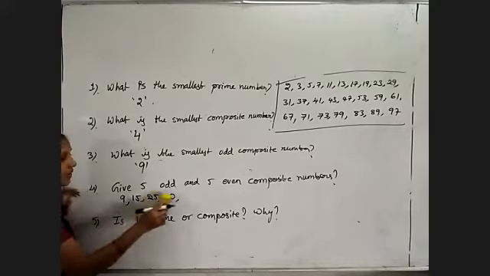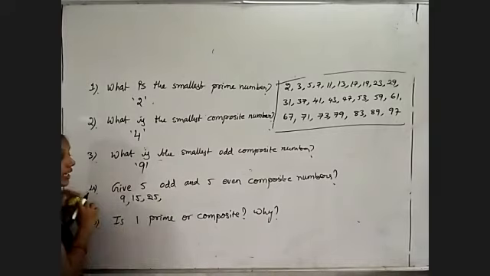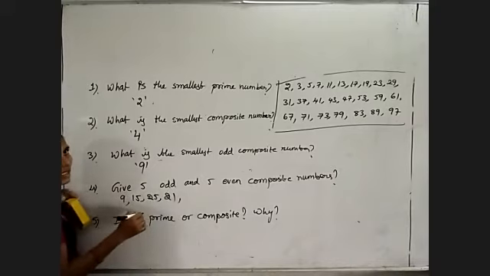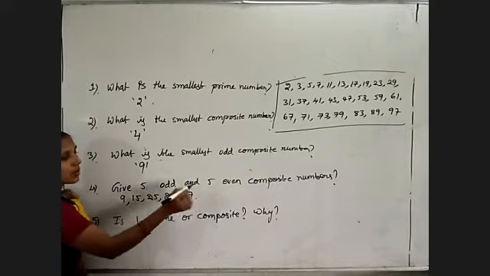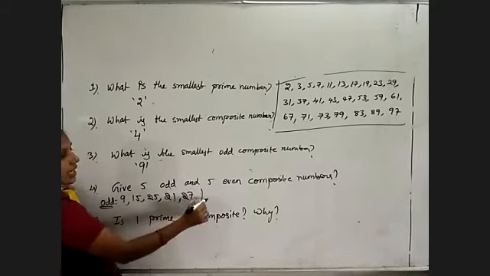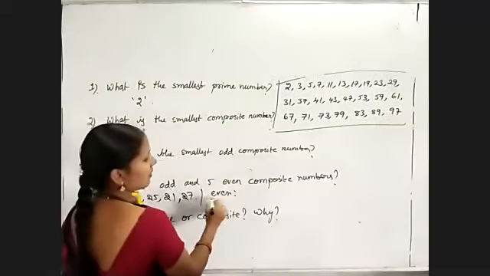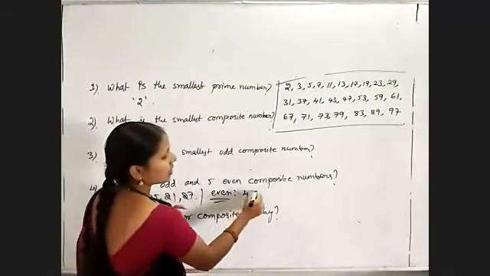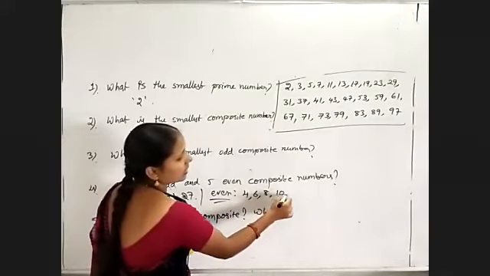Sorry, 30 is an even number, no? So 21 is an odd composite number, and 27 is also a composite number. How many are they asking? Give 5 odd composite numbers. These are the odd composite numbers. And for even composite numbers, these are very, very easy: 4, 6, 8, 10, 12.